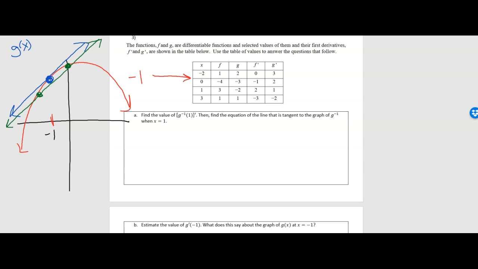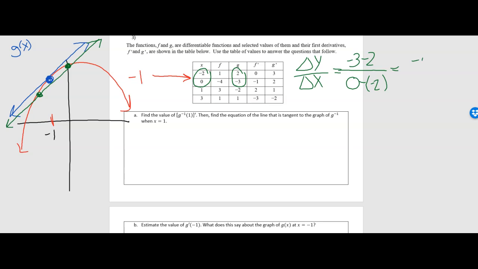Now we have to be careful, right? We were looking at the graph G of x. So we're going to be finding points on either side of negative 1 for G of x, not G prime. So we're going to be looking at these two y values with these two x values. Slope, change in y over change in x, gives me negative 3 minus 2, that quantity all over the quantity 0 minus negative 2.